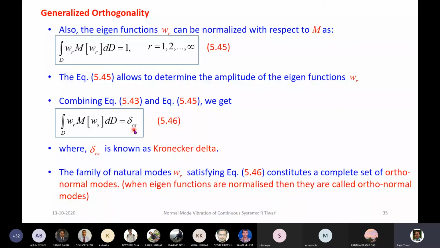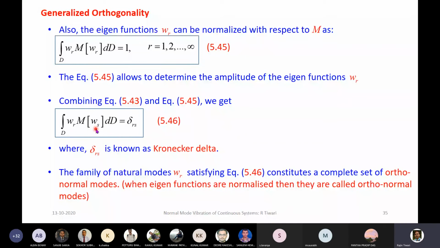If R is equal to S, then we get the normalization equation. So this gives us not only the orthogonality condition when R is not equal to S, where it is 0, but if both are the same, that is the normalization we generally do.